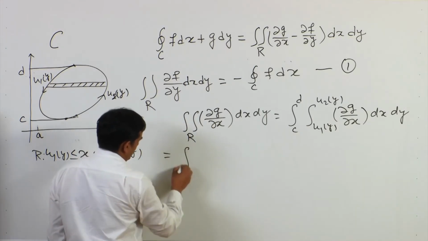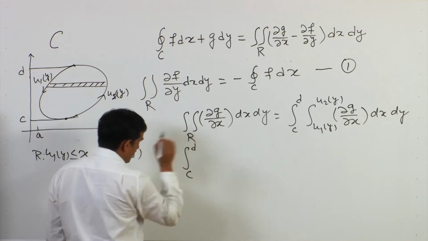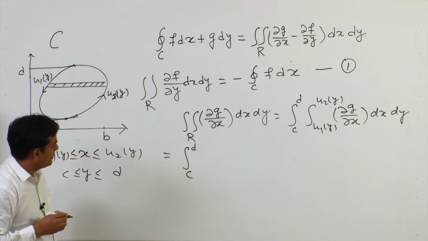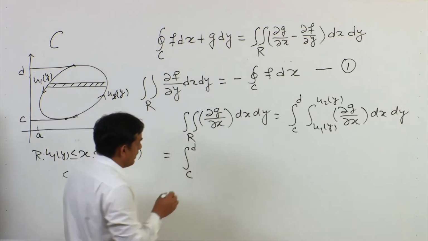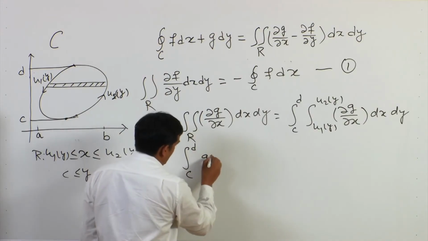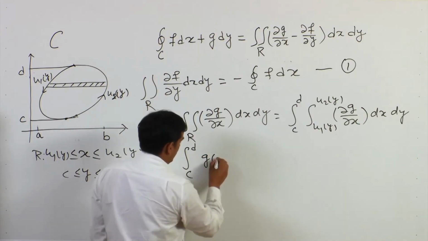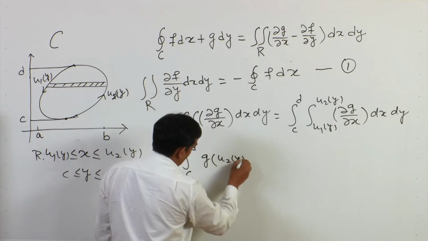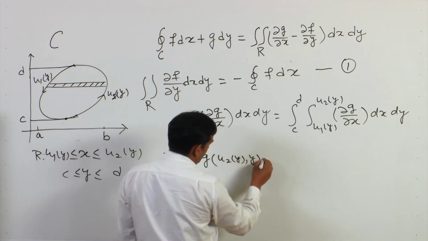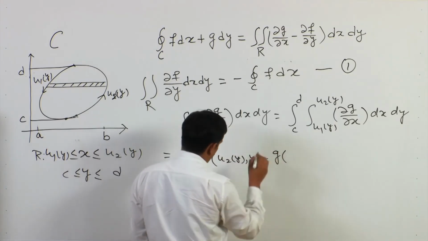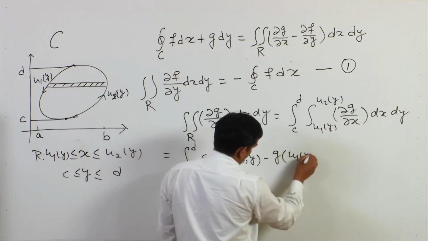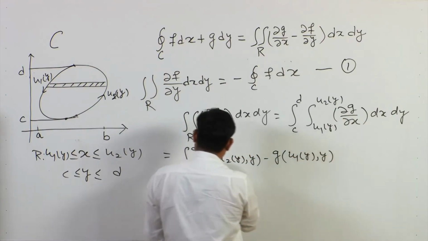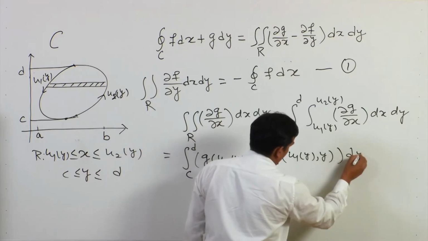This equals the integral from c to d of g(u2(y), y) minus g(u1(y), y), and then dy.